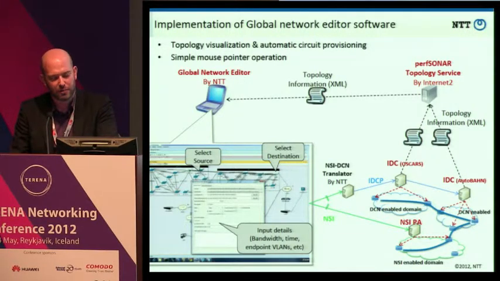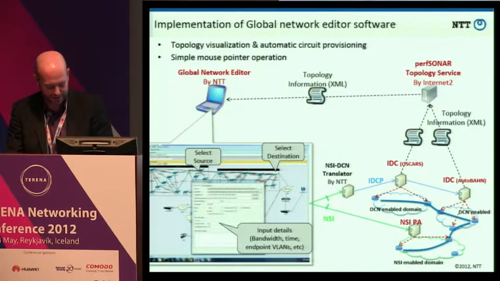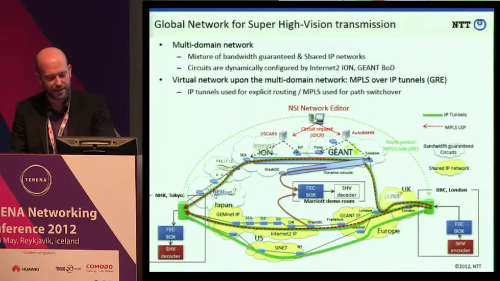So you see the global network editor works with the persona topology and then can work with the Autobahn network provisioning in Géant, and similar with Internet 2 and the other network providers. And if I show you the next link, you'll see how this is actually going to happen. They're going to use a mixture of bandwidth guaranteed networks and also public shared IP.